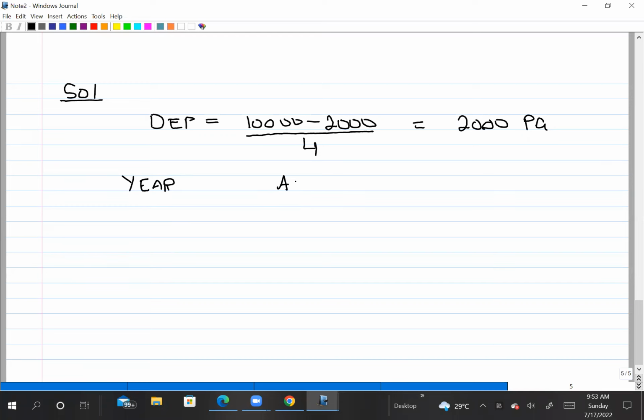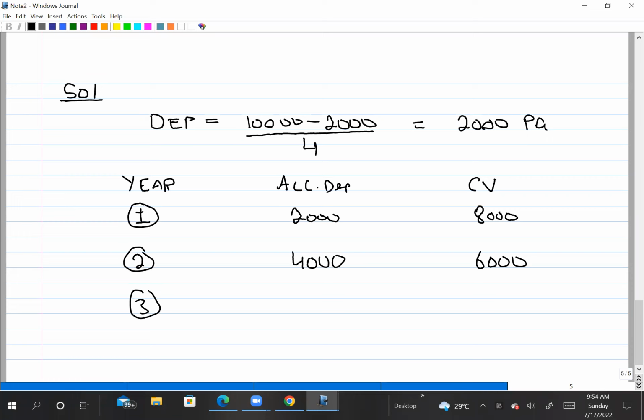Here we have accumulated depreciation and carrying value of the asset. In year 1, accumulated depreciation will be 2000 and carrying value, cost minus accumulated depreciation, will be 8000. In year 2, the accumulated depreciation will be 4000 and carrying value will be 6000.